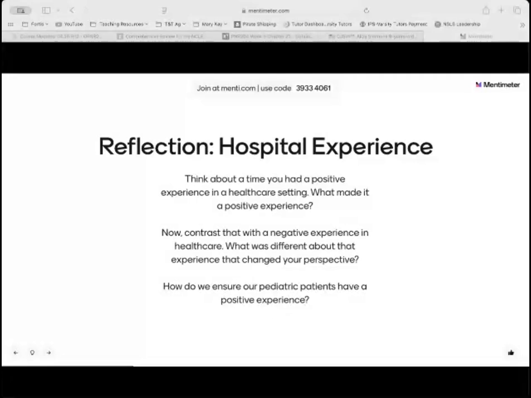Our body language tells a lot. If I am standing with my arms crossed, I look closed off. It looks like I don't really want to have this conversation. Whereas if I walk into the room, go to the other side of your bed and sit down in a chair and start to ask, how's your day? If I start that way, what does that portray?